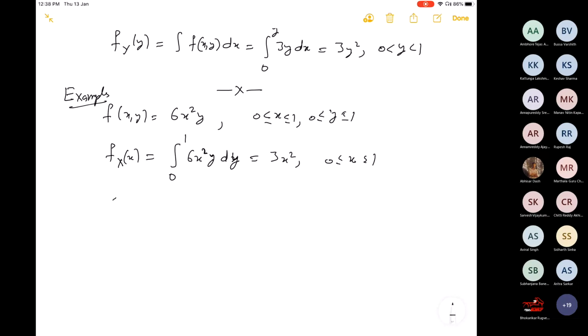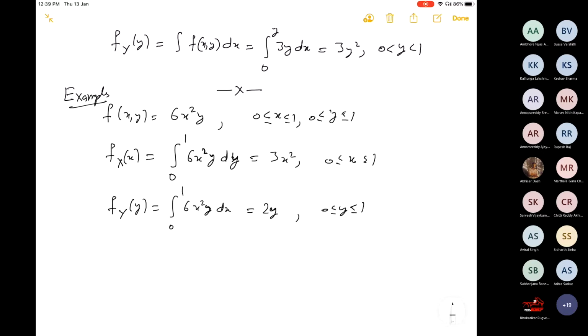And what is the marginal of y? That is the integral of 6 x square y dx, x between 0 and 1 also. So this is 6y into x cube by 3, and that is 1 by 3. Therefore this is 2y.